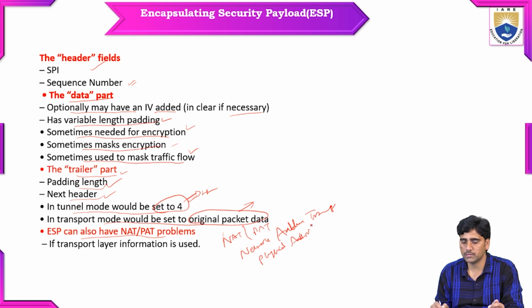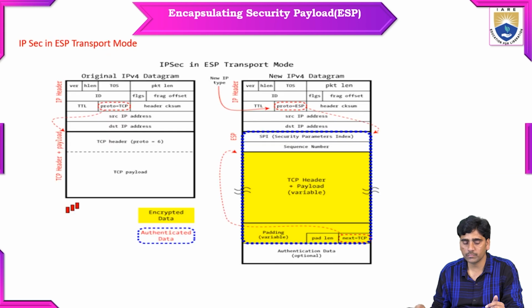One depends upon the network ID, and the second depends upon the host ID. If transport layer information is used, then ESP has these types of problems.